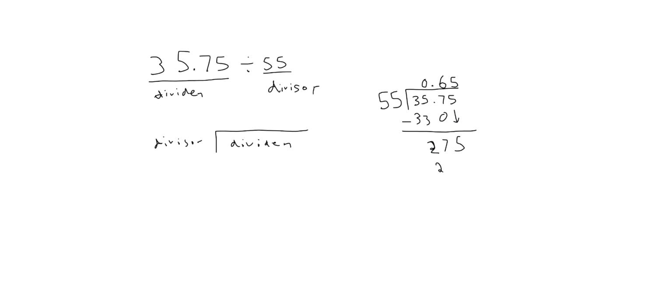Minus, and it's 0. So the remainder here is 0. Because the remainder is 0, guess what that means? We're finished dividing. So this is an example of how you do this one.